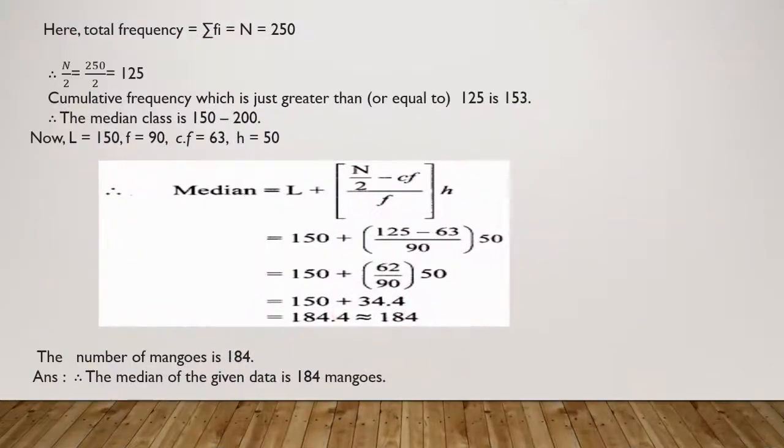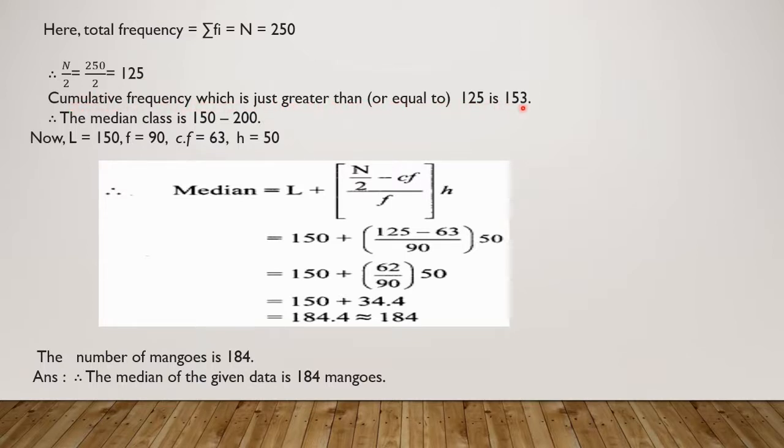Here, total frequency sigma Fi equals n equals 250. Therefore, n upon 2 equals 250 upon 2 equals 125. The cumulative frequency just greater than 125 is 153.